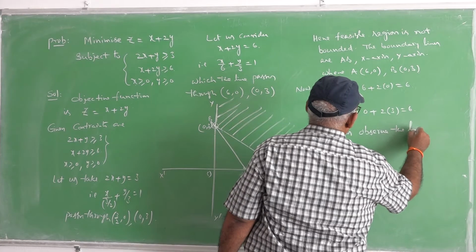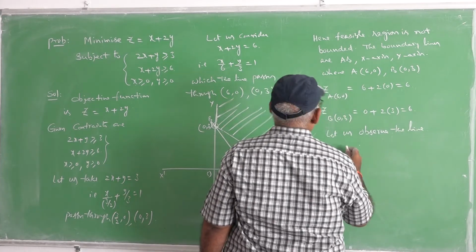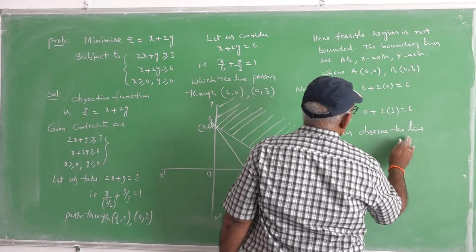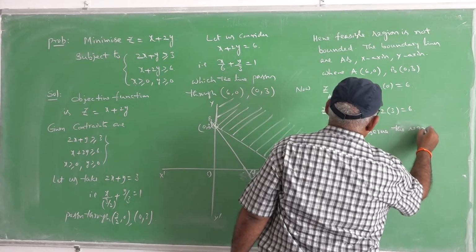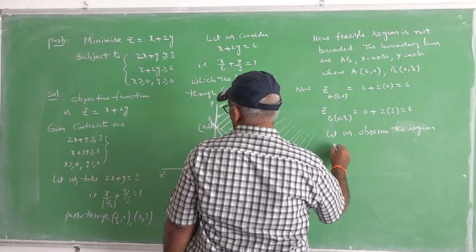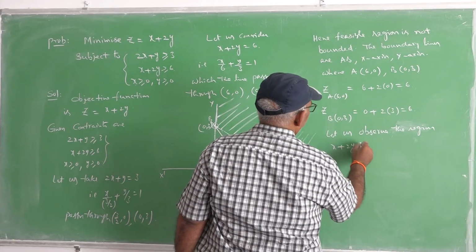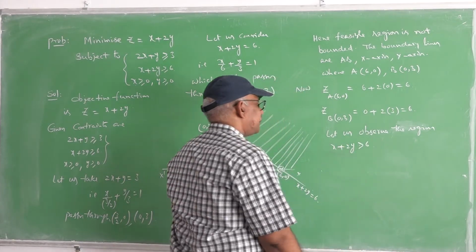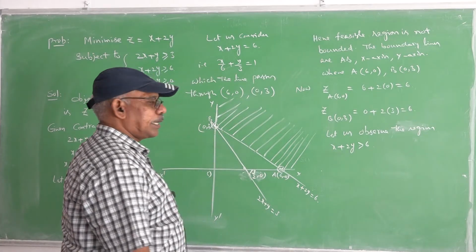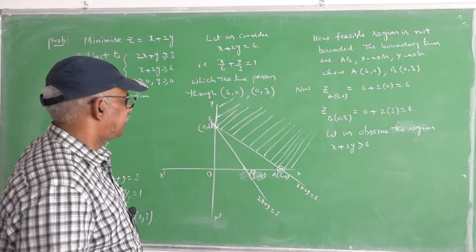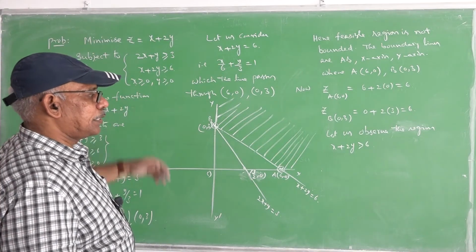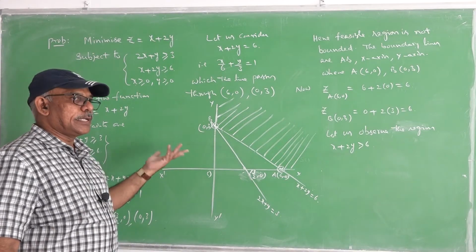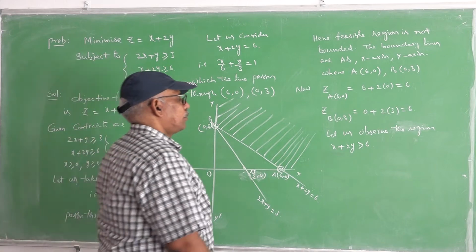Observe the region x plus 2y is greater than 6. Z is more than 6. Let us observe the region x plus 2y, that means z more than 6.